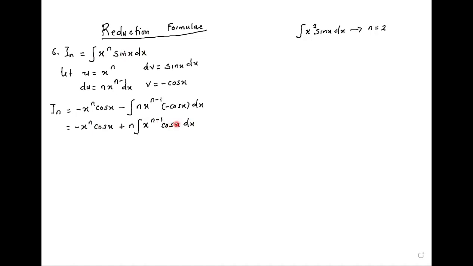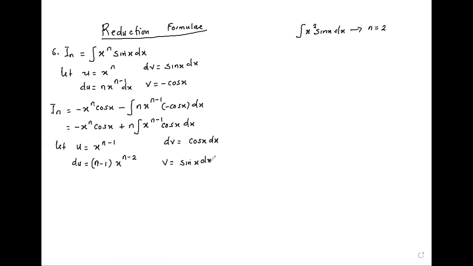So what do we do? We use integration by parts again here. So we continue and say, okay, let u now be x^(n-1) so that du becomes (n-1) x^(n-2), dv is cos x dx, then v is positive sin x.